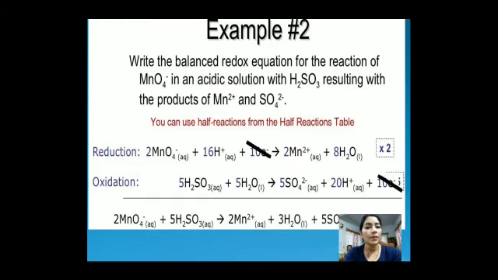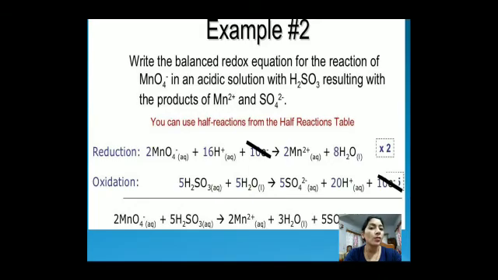Second example: write the balanced redox equation for the reaction of permanganate MnO4 ion in acidic solution with H2SO3, resulting in the production of manganese ion and sulfate ion. So we write down the reaction. First reaction is MnO4 plus 16H plus 10 electrons giving 2 manganese ion plus 8 water molecules. After writing the reaction, we find which is oxidizing and which is reducing.